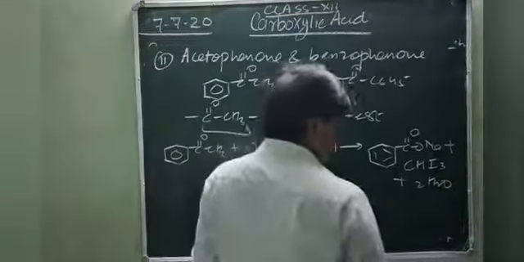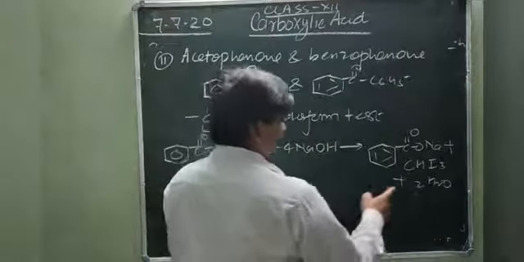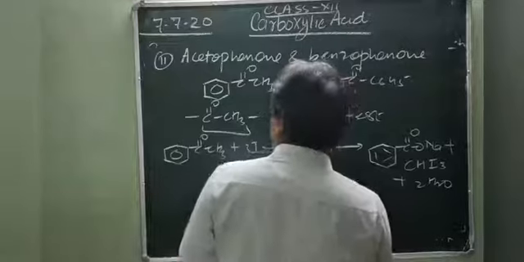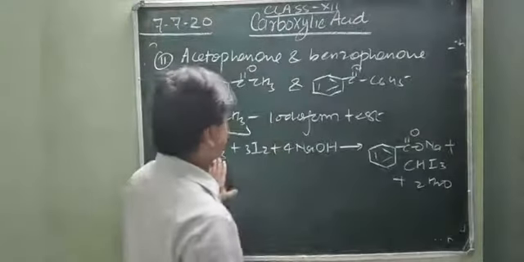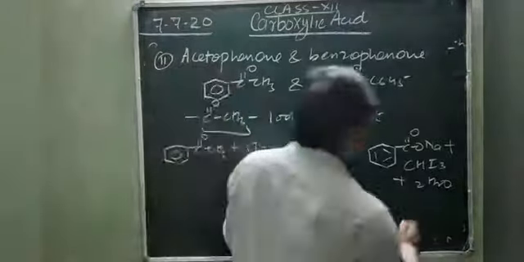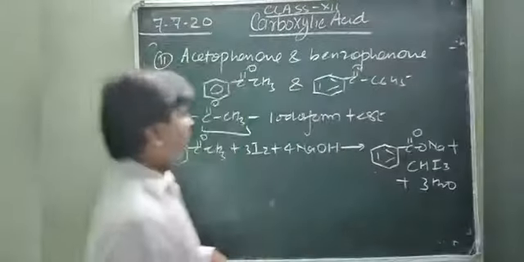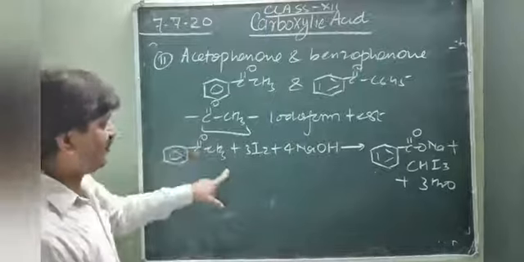Balance these reactions: 2 and 2 is 4 and 5 here, and here 3 and 4 is 7. So this is 3H2O.